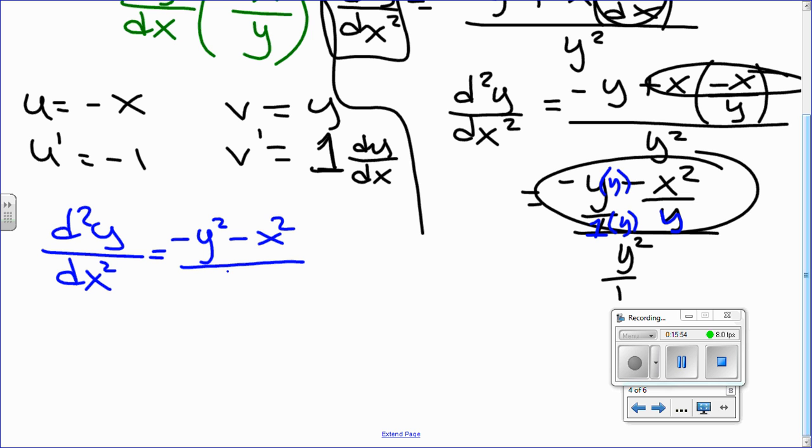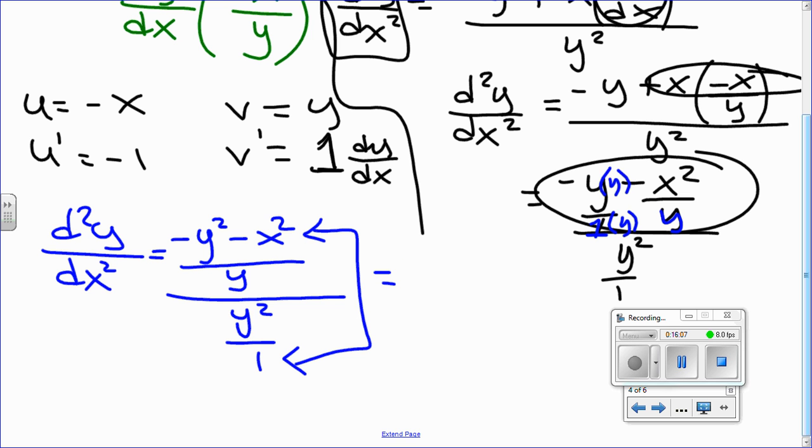And then over y, and then we have over y squared over 1. If we just divide those two fractions, we can multiply the outer quantity, so that times 1 will be negative y squared minus x squared times 1, and then the other one will be y times y squared, so that will be y to what power? Cube, 3, yes.